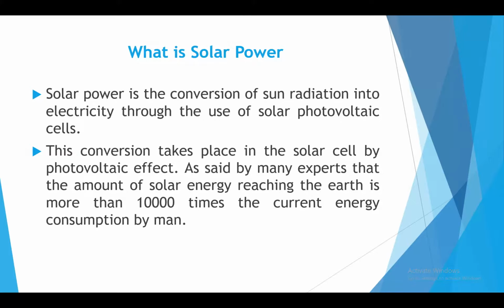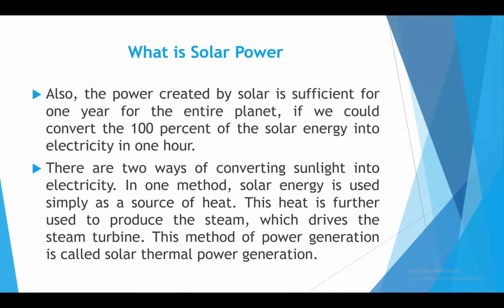According to many experts, the amount of solar energy reaching the earth is more than 10,000 times the current energy consumption by man. So the power created by solar is sufficient for 1 year for the entire planet.